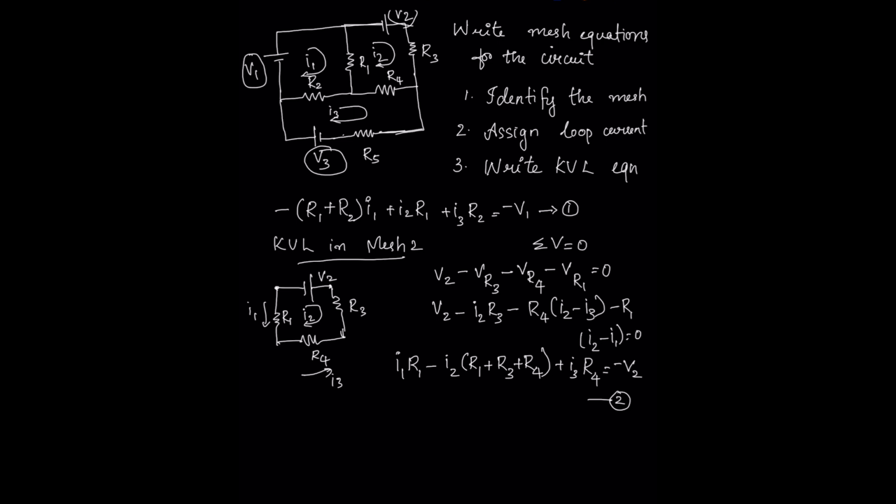We rearrange with I2 we have R3, R4 and R1. With I1 we have R1 and with I3 we have R4. So we got our second equation.